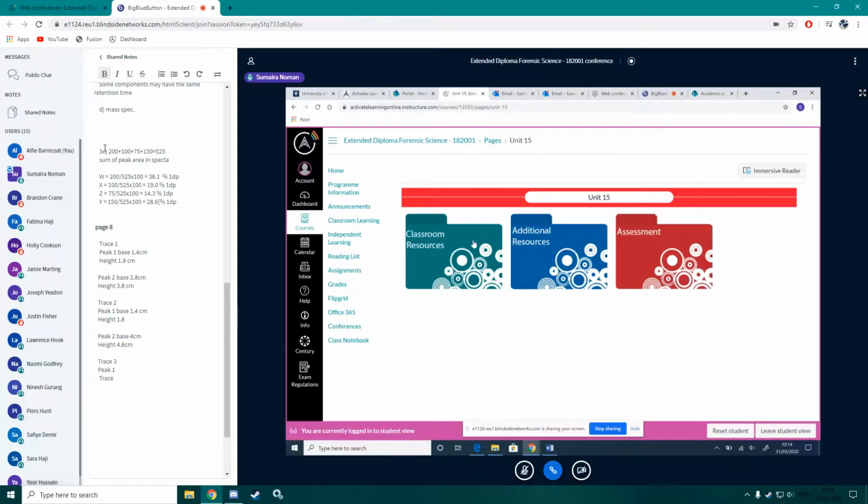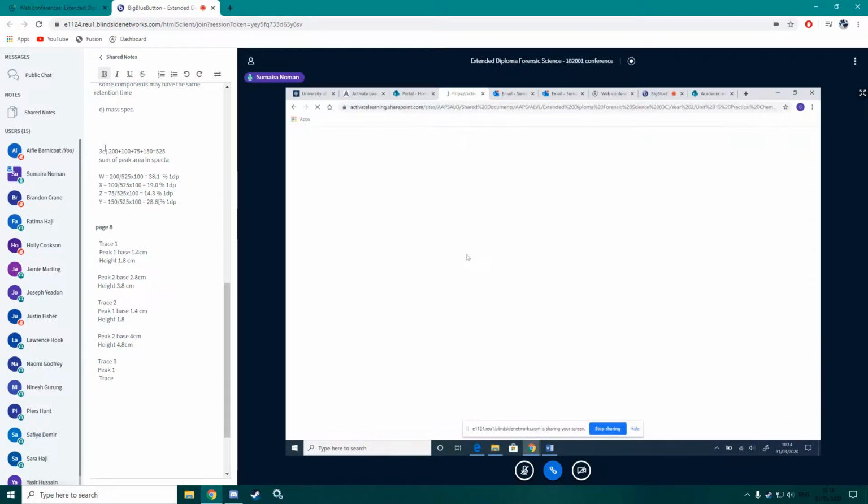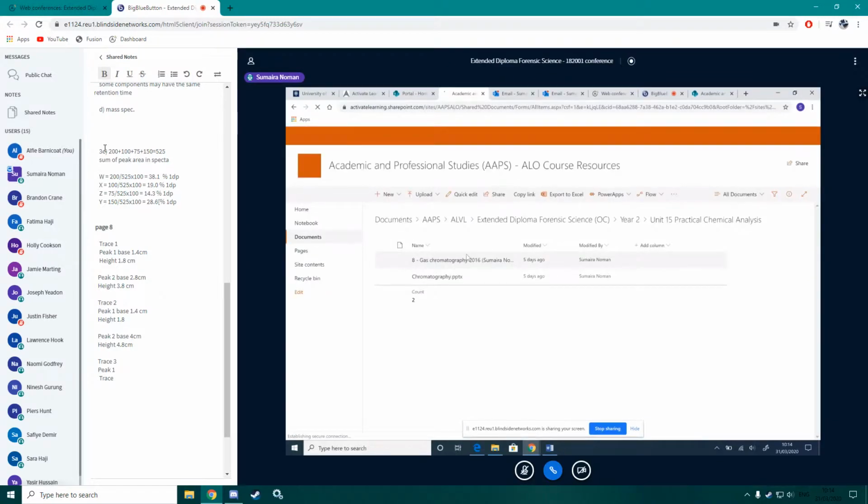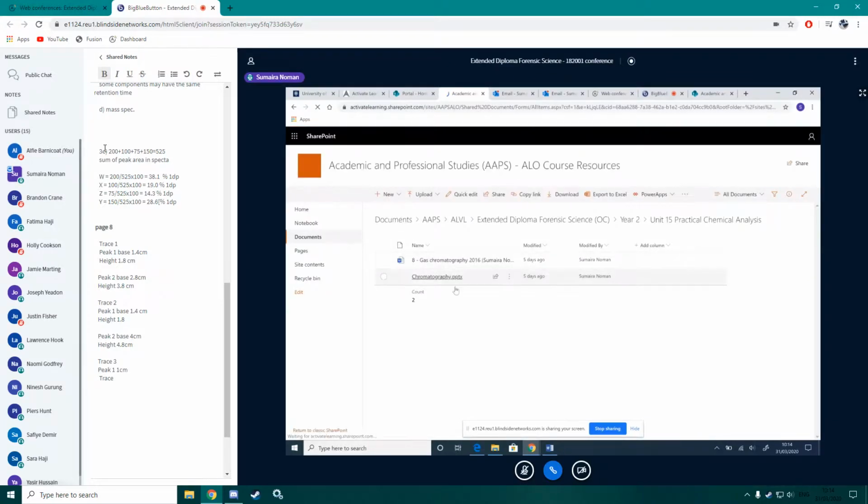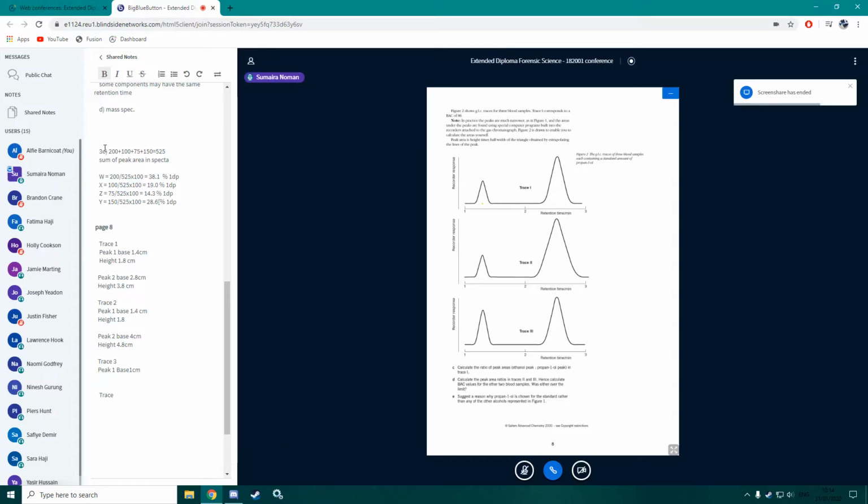Currently there are just those two, but I'm going to add the shared notes in here, so you can find both of those. This is where you can find them. Okay, I'm going to stop sharing now, and I should be able to go back to my conference.